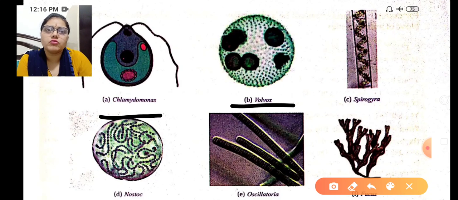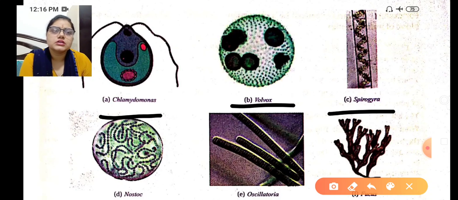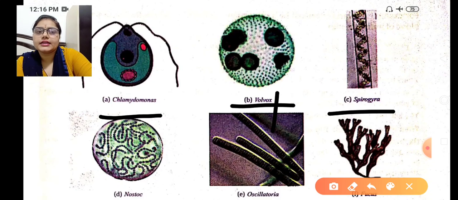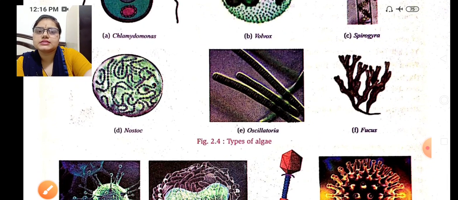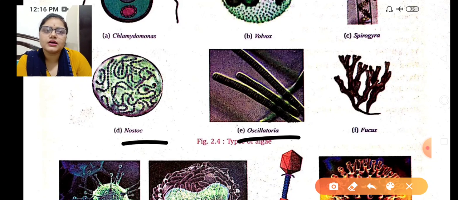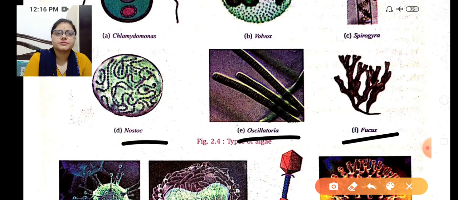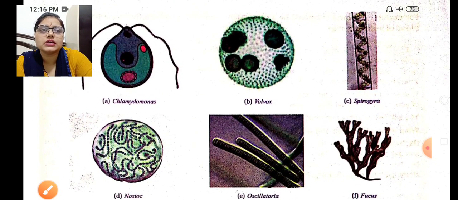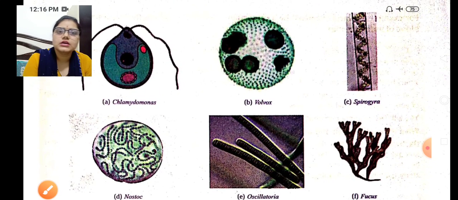Next is Volvox, and the third one is Spirogyra. We discussed all these in yesterday's lecture as well. Then Nostoc, Oscillatoria, and the last one is Fucus. You have to draw diagrams of all the types of algae, and these diagrams are very easy.